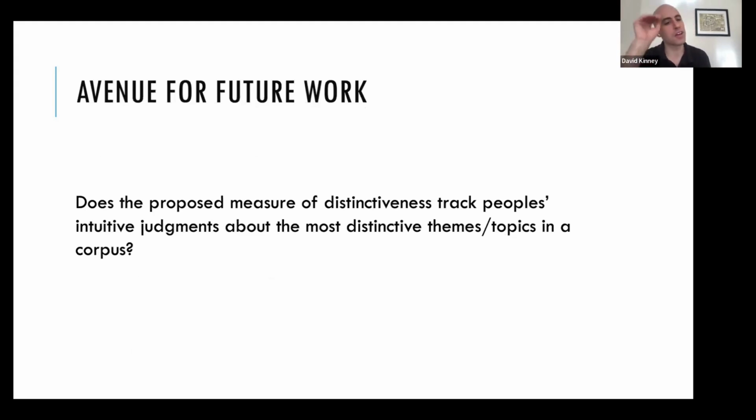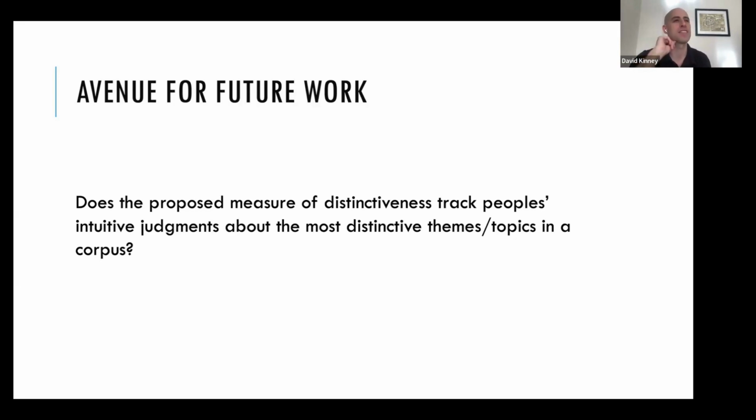So the last thing I want to conclude with is this avenue for future work. In a lot of my work these days, I'm doing experimental cognitive science, empirical psychology type work. And I'd love to explore whether the proposed measure of distinctiveness tracks people's intuitive judgments about the most distinctive themes or topics in a corpus.